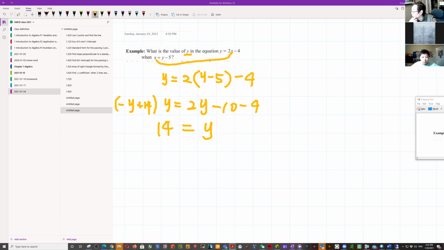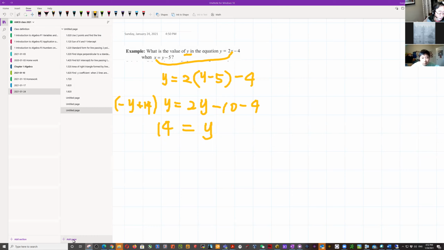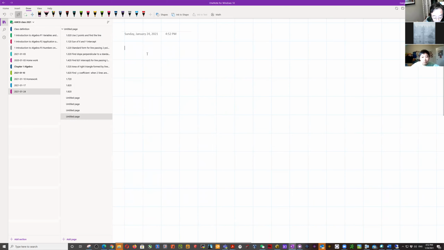So in the system of equations in this form, x is already solved. A lot of the time, it's not already solved. It's just asking you for the next example.